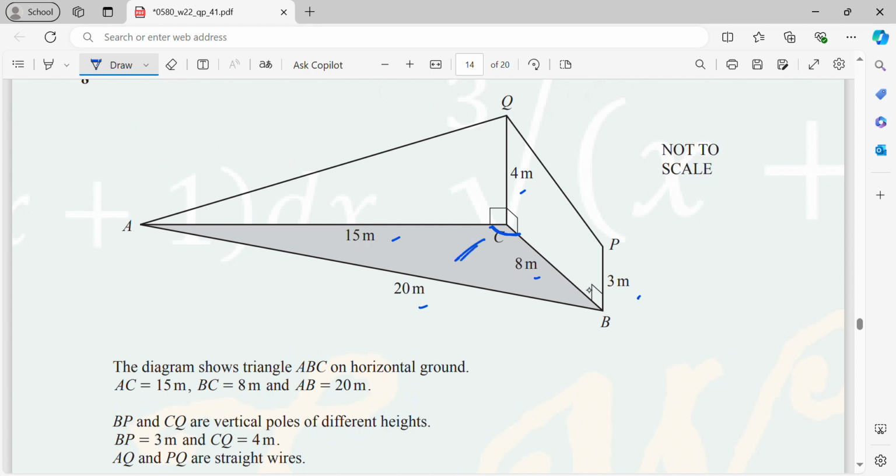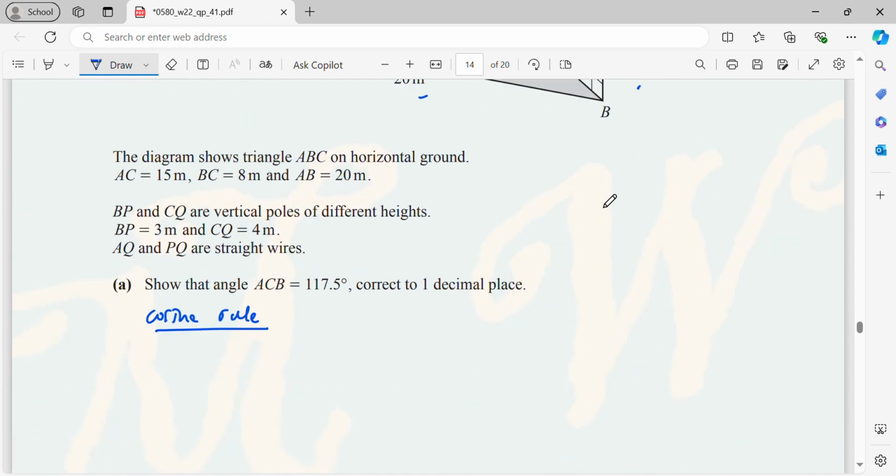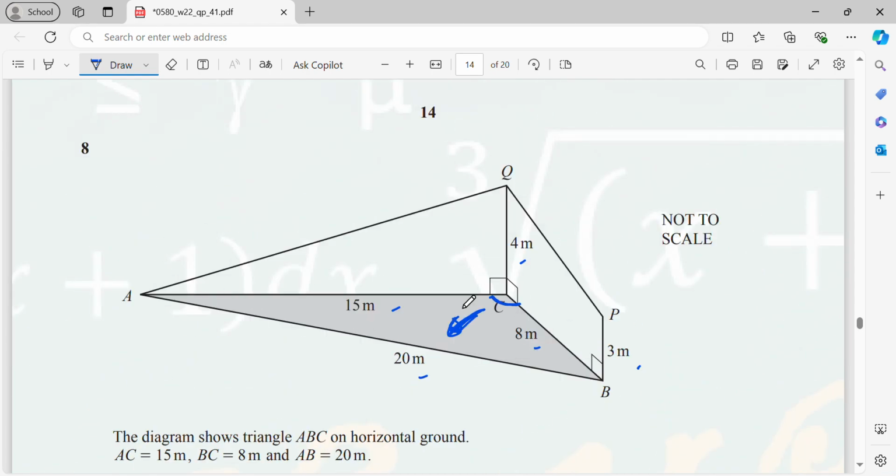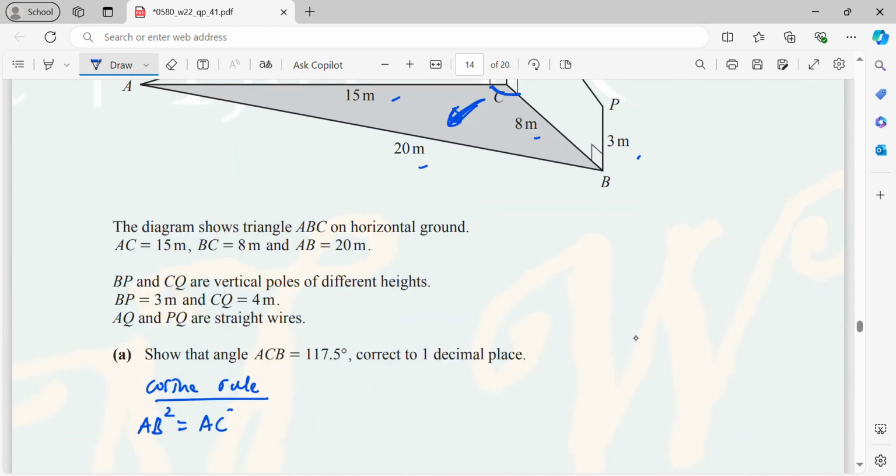The opposite side of the angle is AB, so my cosine rule is AB squared equals AC squared plus BC squared minus 2 times AC times BC times cosine ACB. Okay, this is the cosine rule.